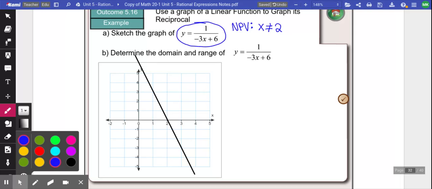We need to graph that somehow. That's going to affect our graph. To graph that is called an asymptote. So you're going to draw a line at x cannot equal 2. That line is called an asymptote. So that line would look like this.